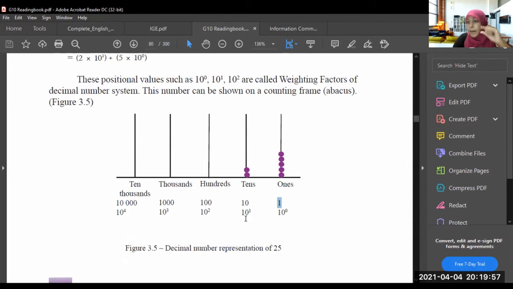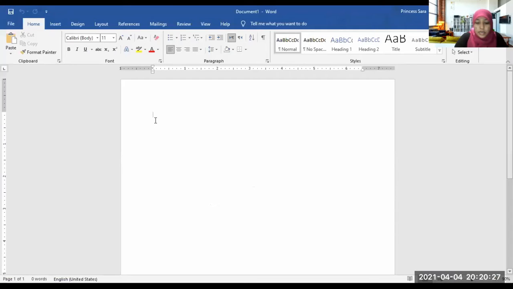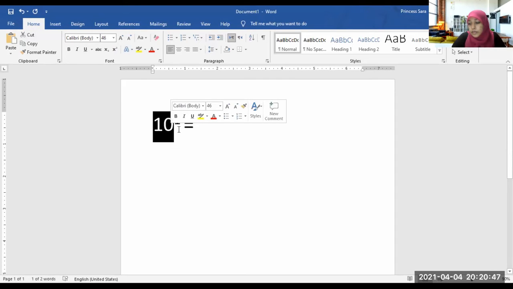That means you should multiply the 10 how many times? 1 time. Here you should multiply the 10 2 times. 2 times means not 10 into 2. I will show it to you. 10 to the power 1 means you should multiply this 10 1 time.